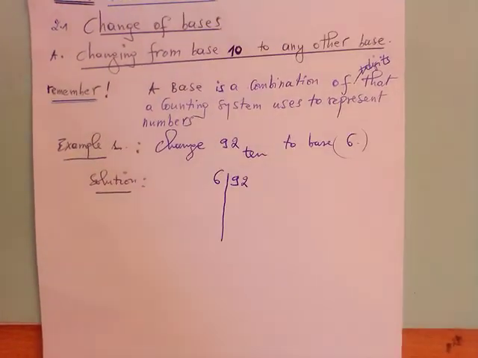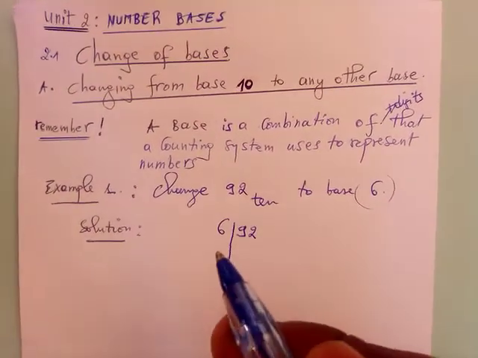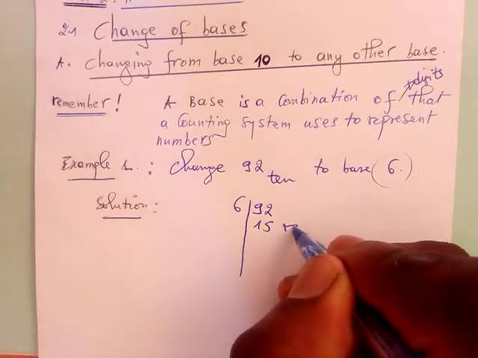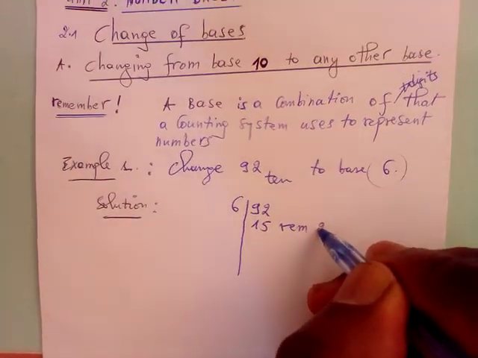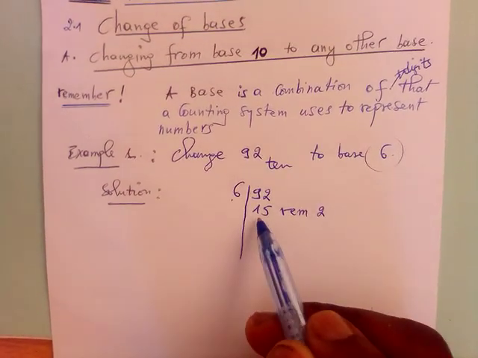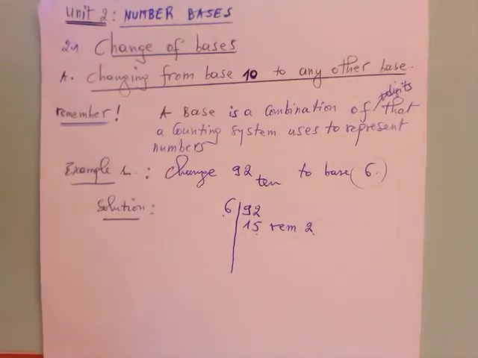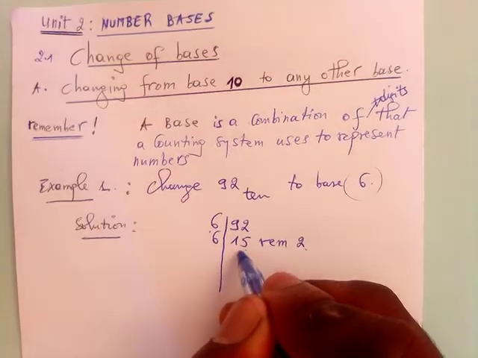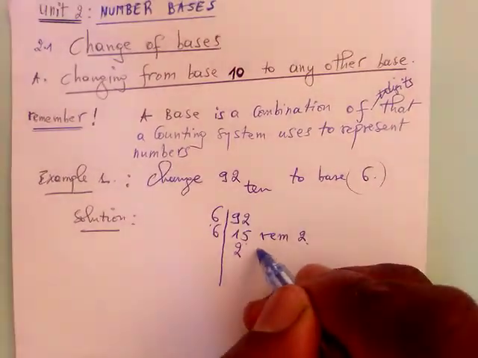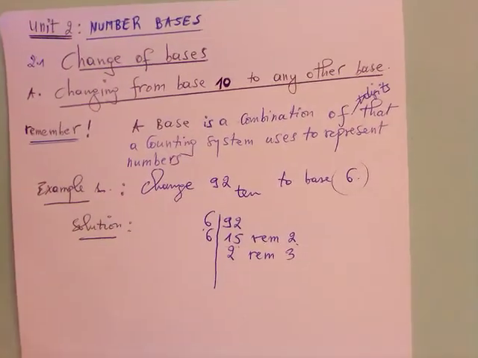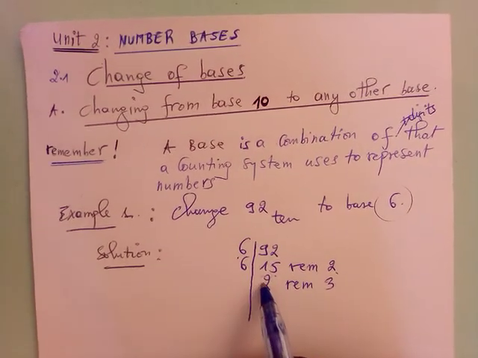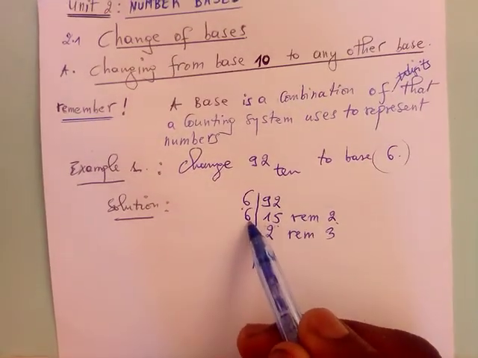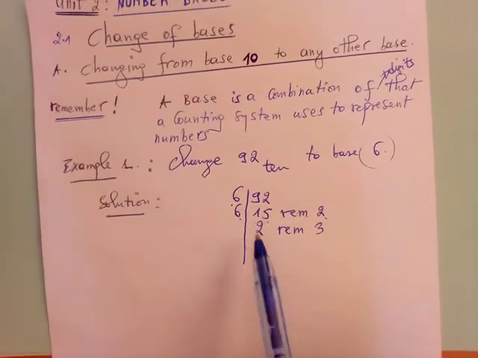If we divide 92 by 6, we have 15, and the remainder will be 2. 92 divided by 6 equals 15, remainder 2. 15 divided by 6 gives 2, and 3 will remain. 2 divided by 6: as you see, 2 is very small compared to 6, which means 6 can't divide 2.